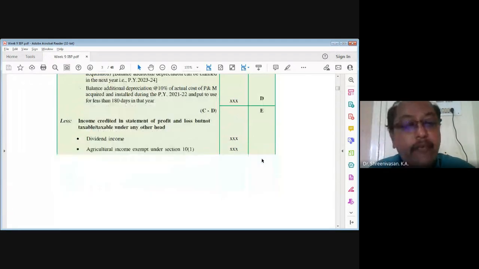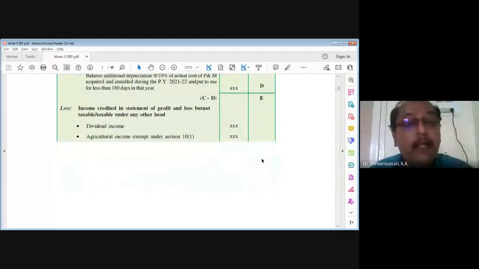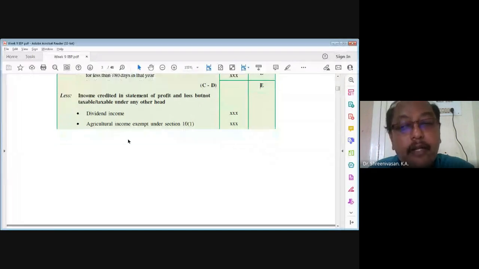And from there, some of the incomes that are credited in the statement of profit and loss account but are not taxable, or are non-taxable income, can be subtracted out. A dividend income is one such example.